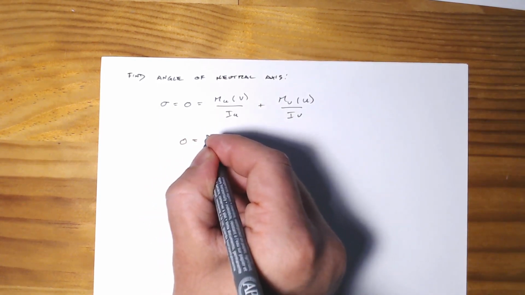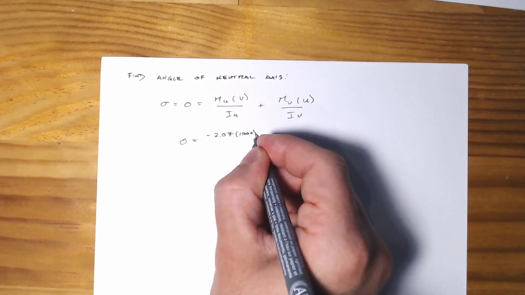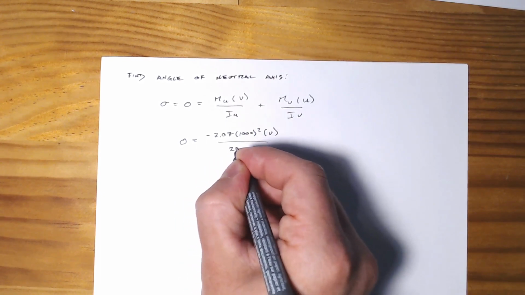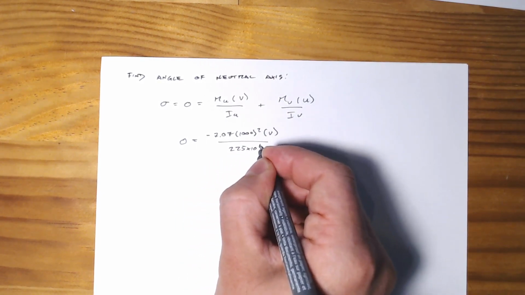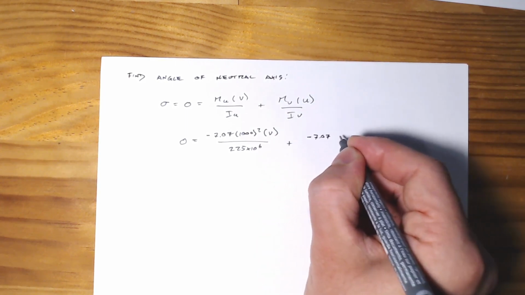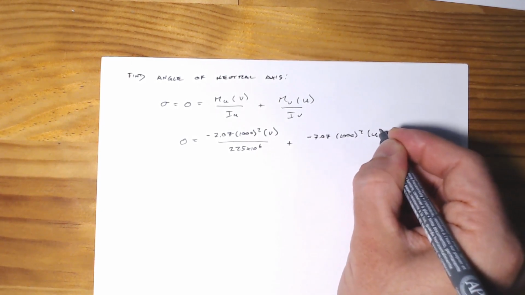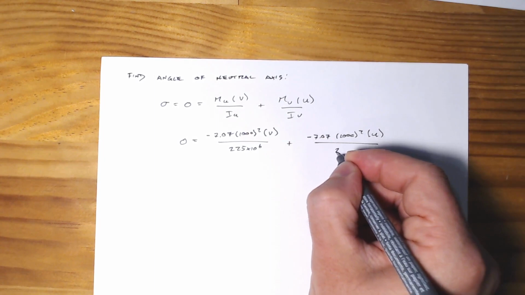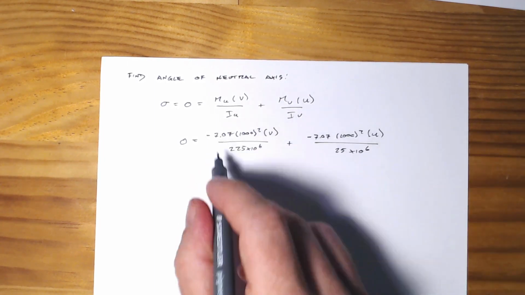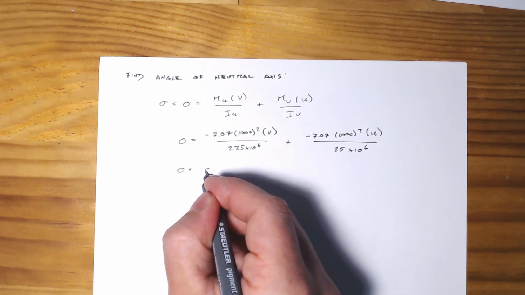So 0 equals negative 7.07 times 1,000 squared times v over 225 times 10 to the 6th, plus negative 7.07 times 1,000 squared times u over 25 times 10 to the 6th.